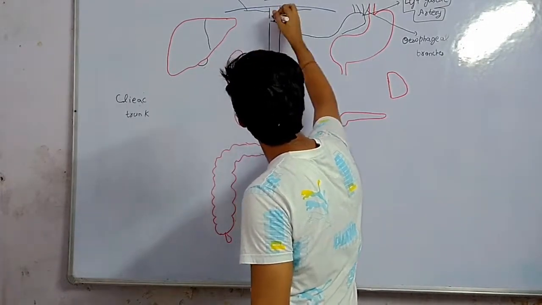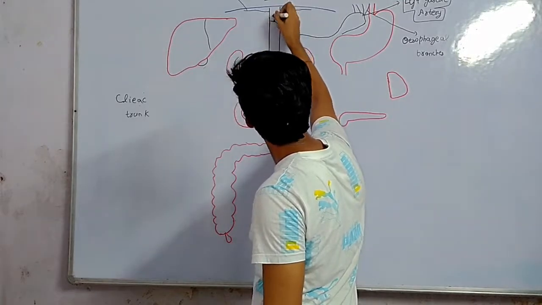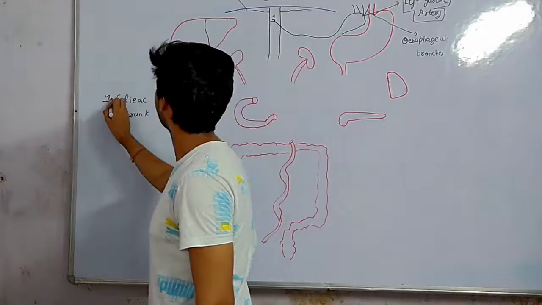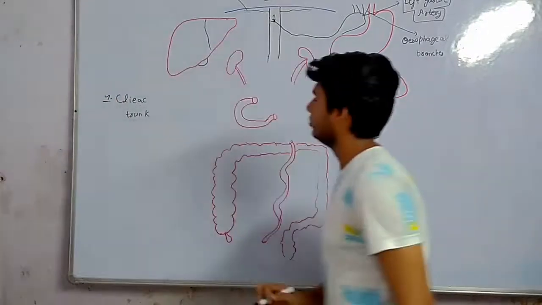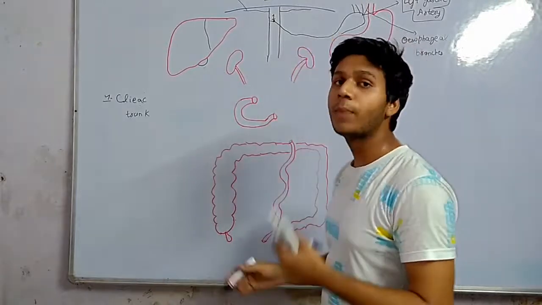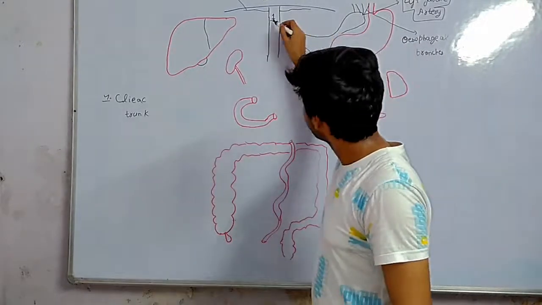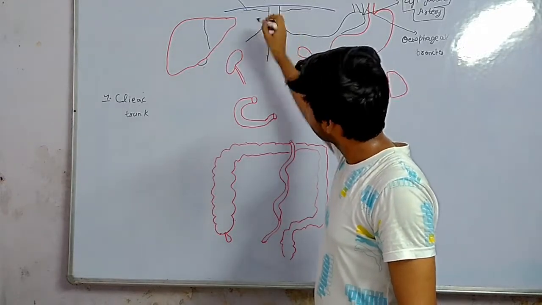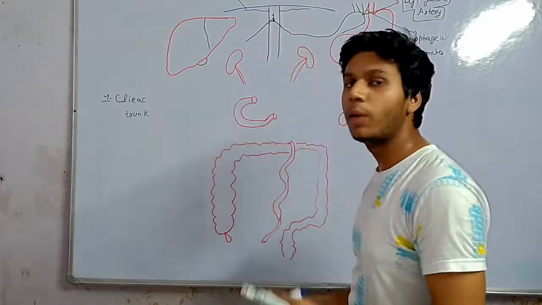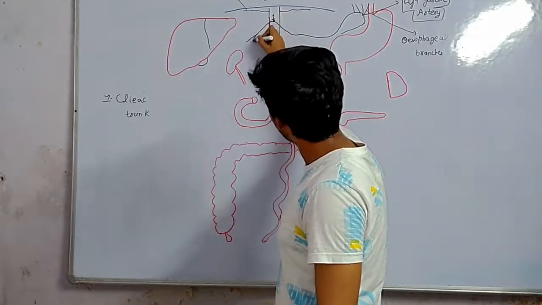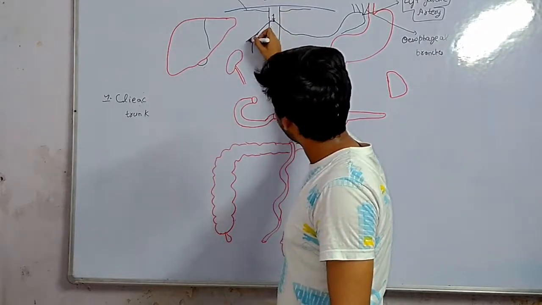We can call this number 1, and number 1 is the celiac trunk. The second branch of the celiac trunk is the common hepatic artery. This common hepatic artery divides multiple times. First it gives a branch and then goes to the liver.